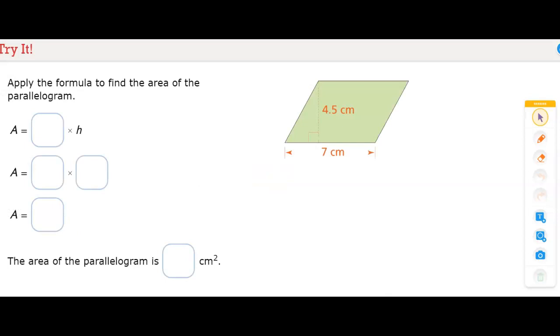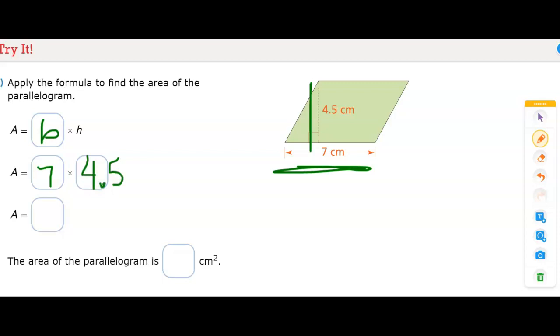Apply the formula to find the area of the parallelogram. The formula is area is base times height. So we're going to put B for the base, and then we're going to substitute our base. Our base would be 7 centimeters, and our height will be that dotted line going up and down, and that's 4 5/10.